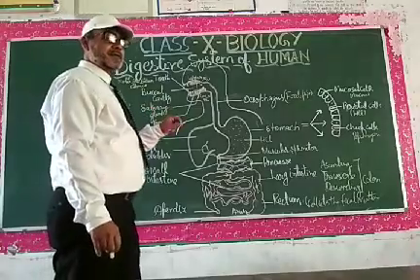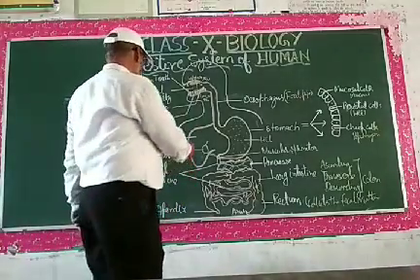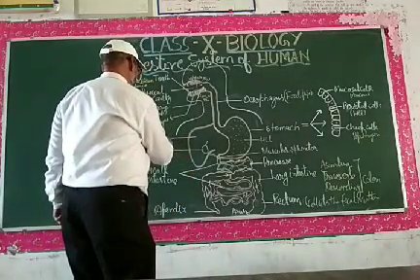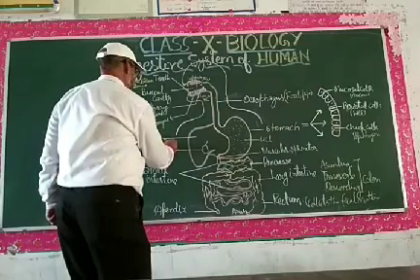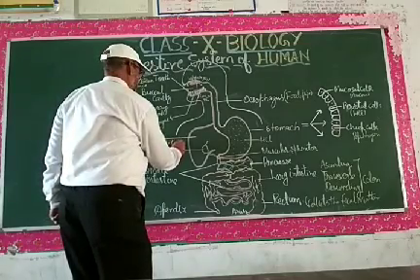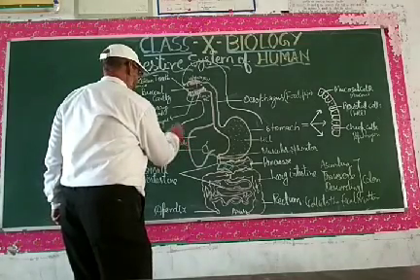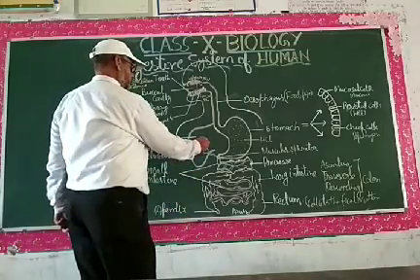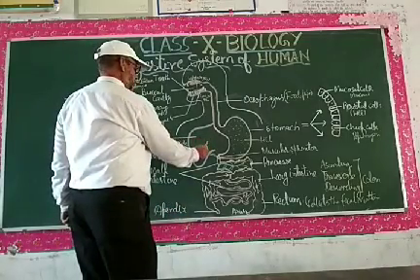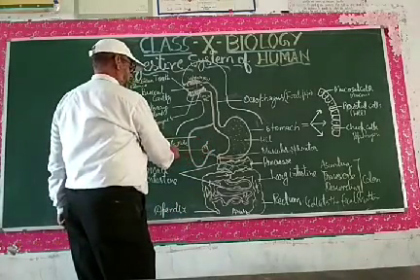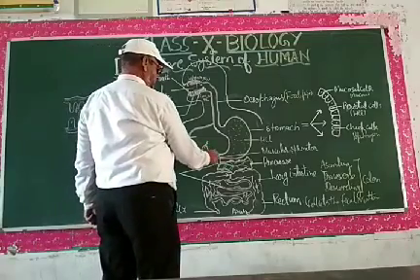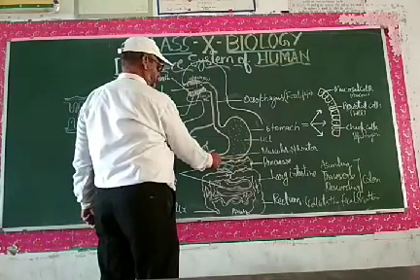But as far as digestion of food is concerned, it secretes bile juice by forming bile salt, and this bile juice gets stored in the gallbladder, from where it comes into the small intestine.